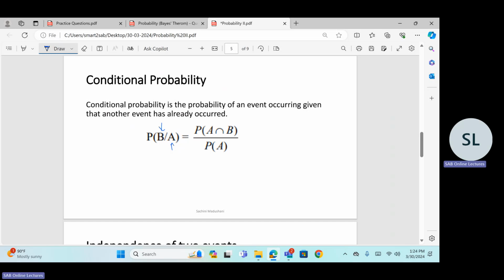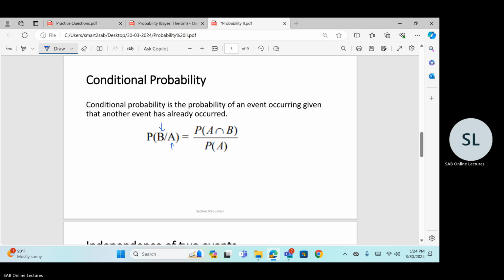Then this is the formula. In the numerator, you need to express the intersection of the given two events. In here we discuss event A and event B, so the numerator is the intersection of event A and event B. Understood? Then the denominator is the probability of the first event. That is the way we can find the conditional probability: the intersection of the two events divided by the probability of the first event.